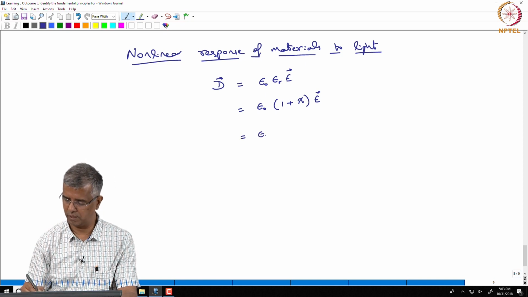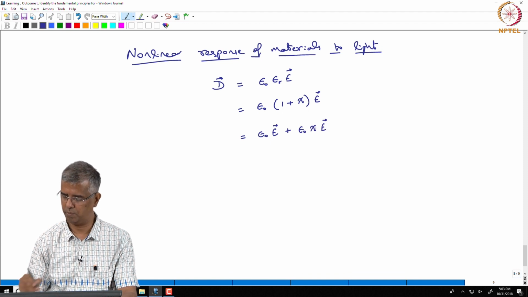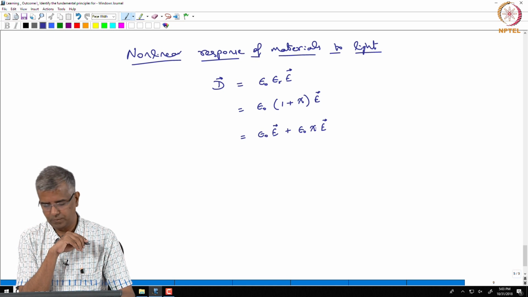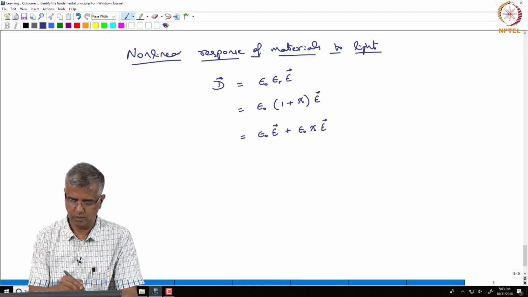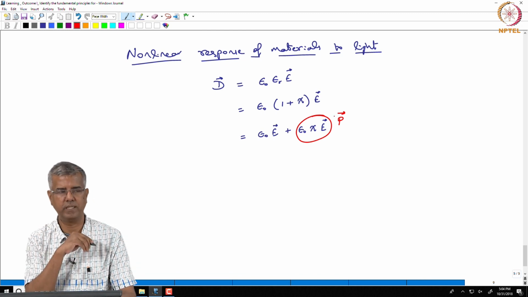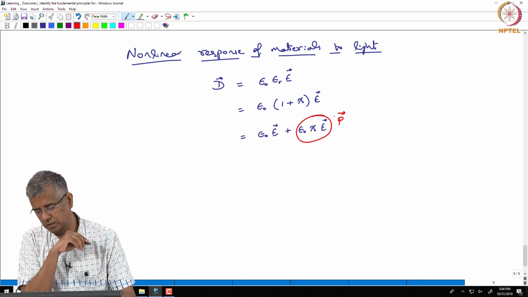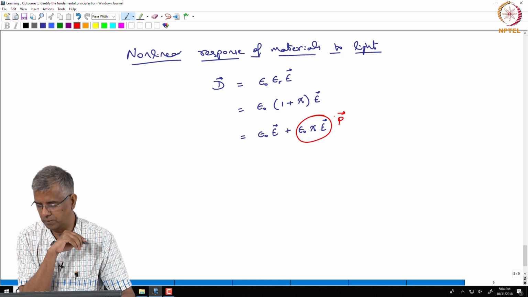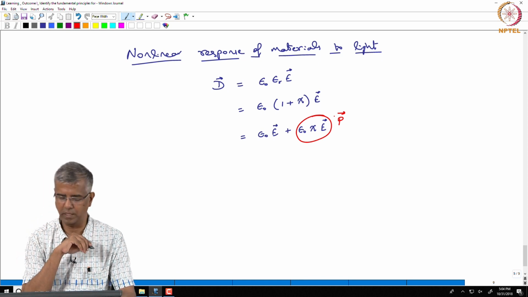So, we wrote this as epsilon E plus epsilon chi multiplied by E, and this term we call the polarization response of the medium.